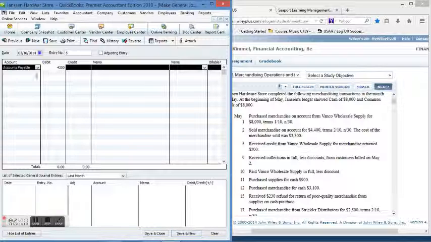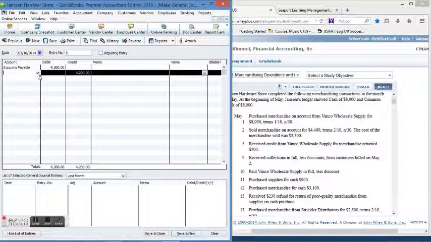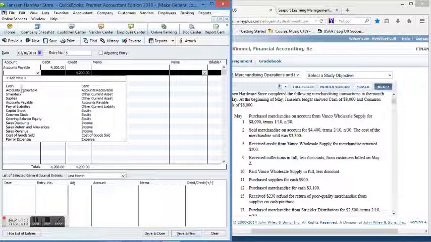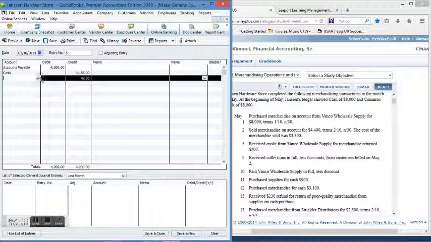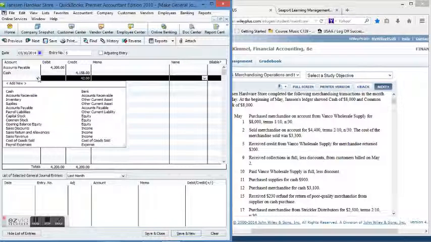There we go. Next we credit cash. Credit of the cash is going to be minus the discount, and then the rest goes off the inventory.